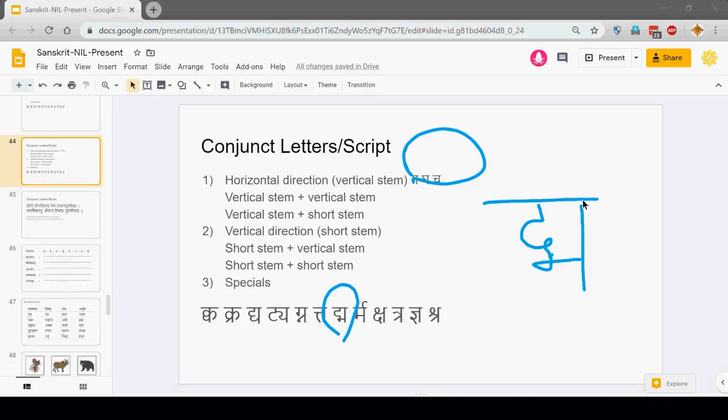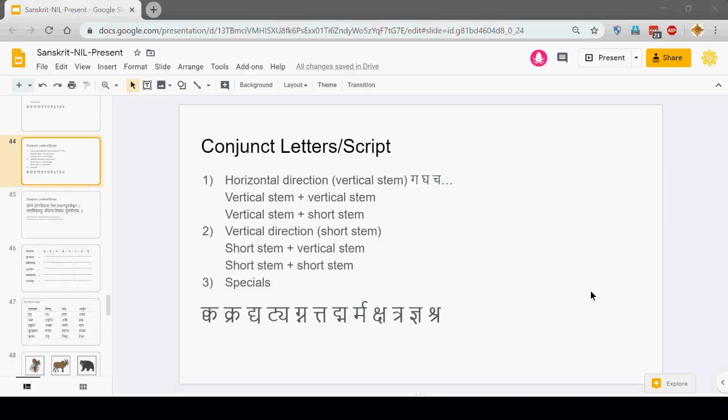Following our guideline from top to bottom, we can separate the top as a consonant and write the bottom part fully. So it will be dma.